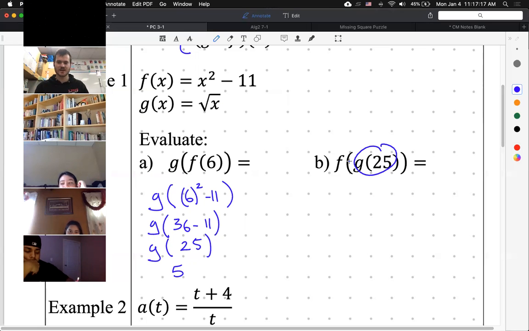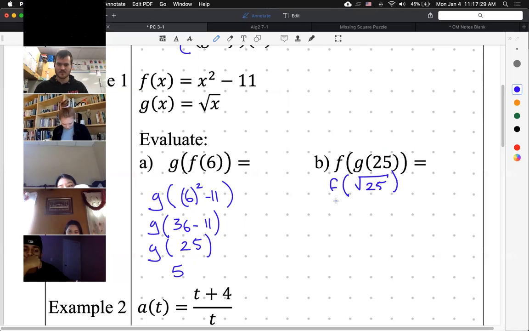So what is that, Caroline? When I plug 25 in, I get the square root of 25, which is 5. Exactly, yeah. So Caroline plugged 25 into the second function because it was asking to be plugged into G. And we did that, it's 5.